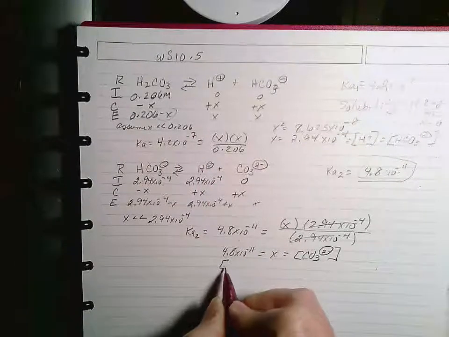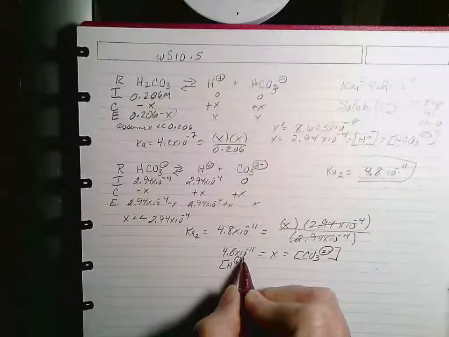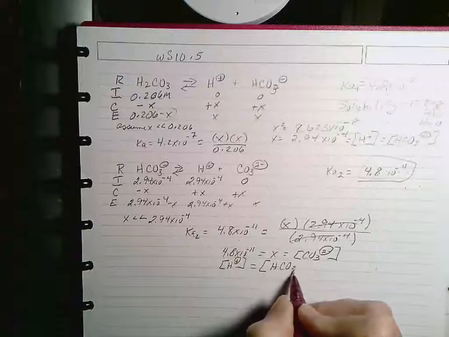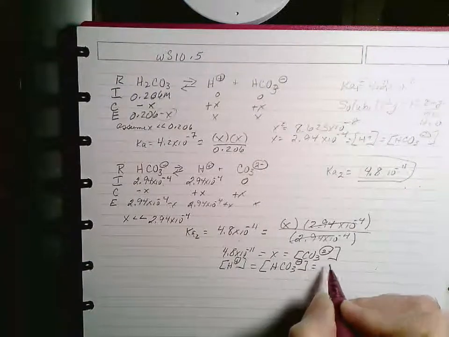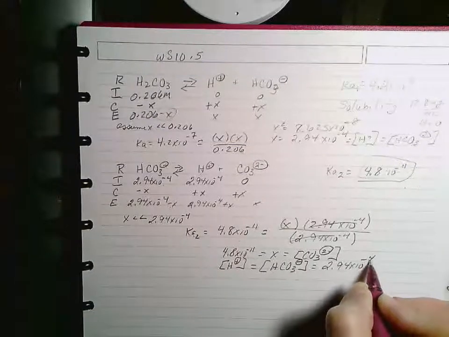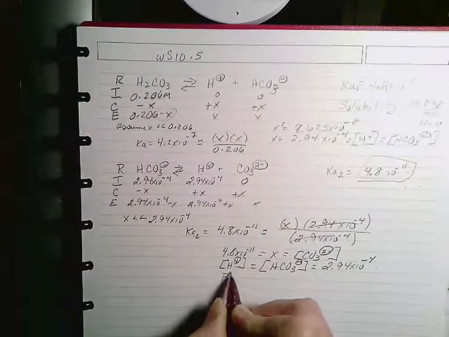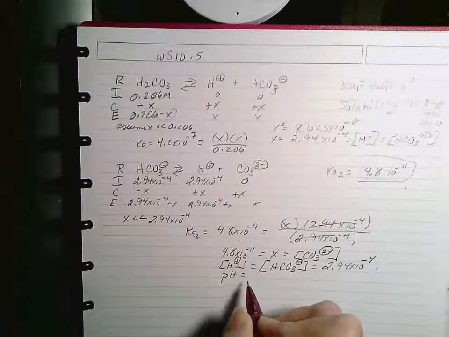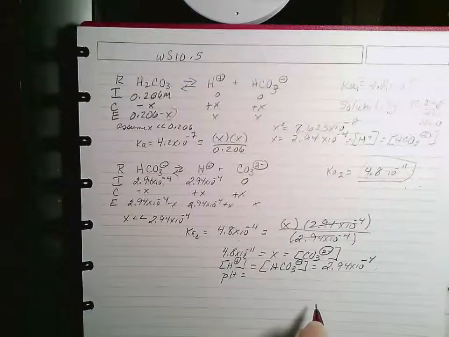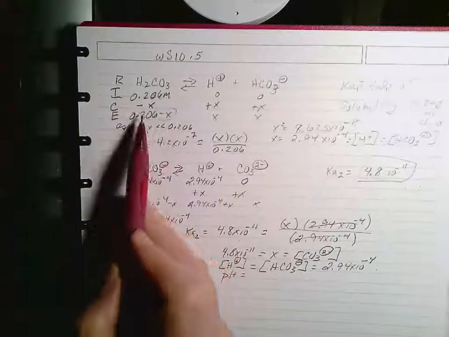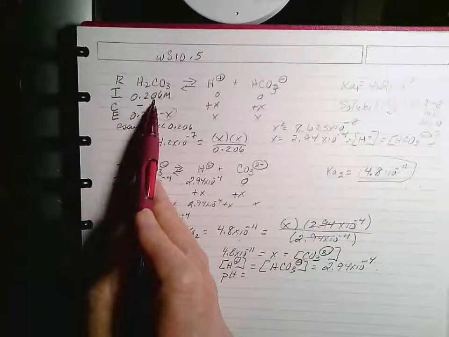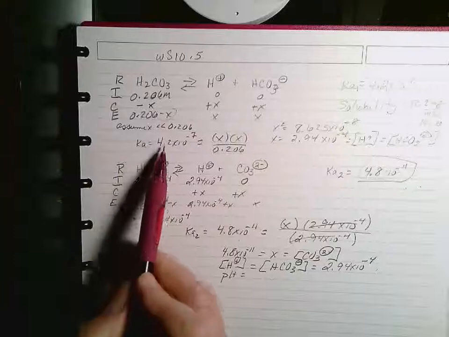So I know the concentration of hydrogen ions is going to equal the concentration of hydrogen carbonate ions, which is going to be 2.94 times 10 to the negative fourth. If I wanted to know the pH, we know how to do that calculation. Take the negative log of this number here, and it'll give you the pH.